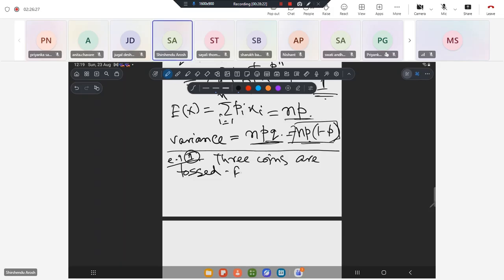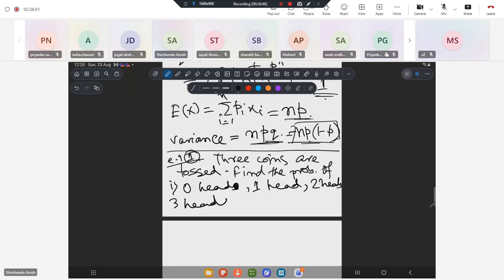Find the probability of zero heads, one head, two heads, and three heads. And more than one head. And at least one head.